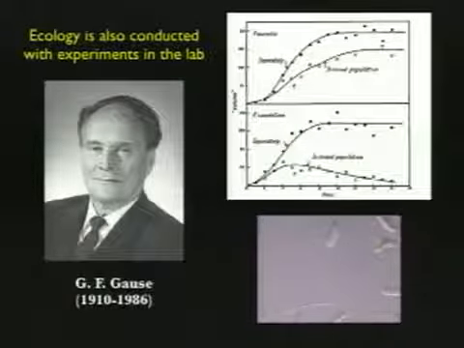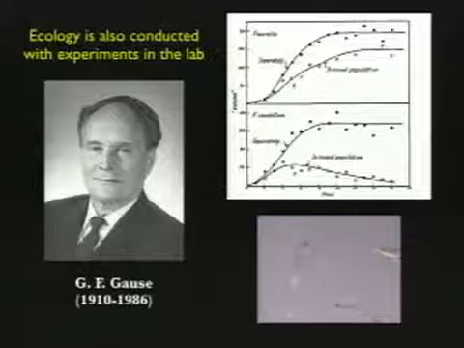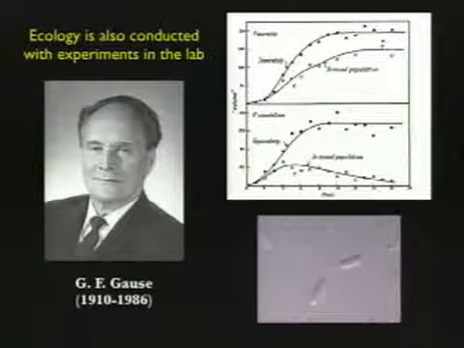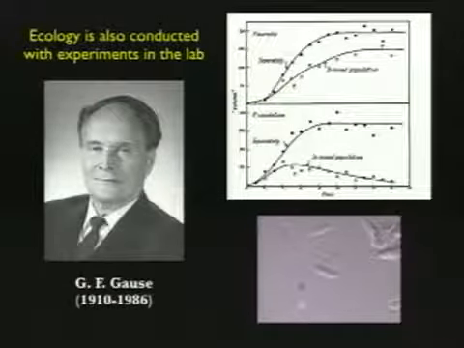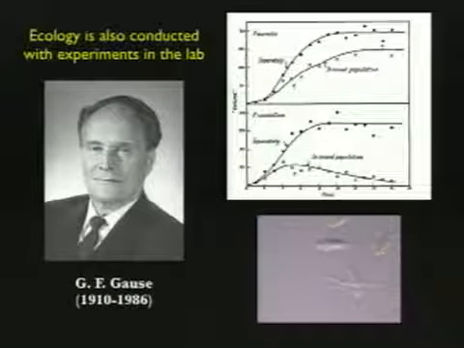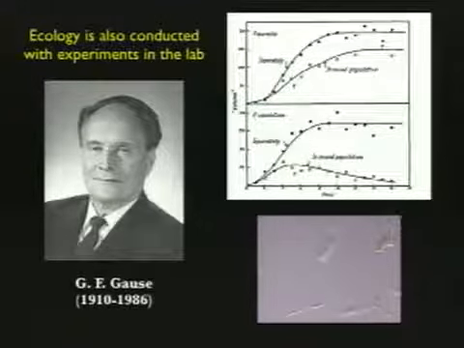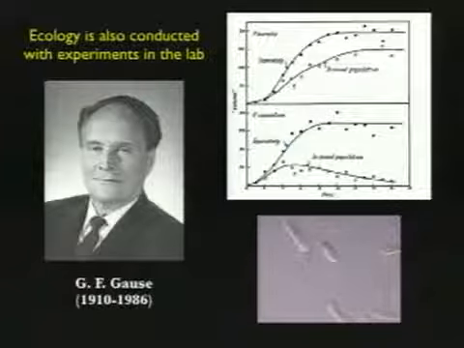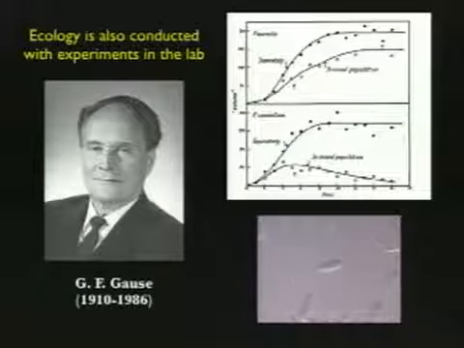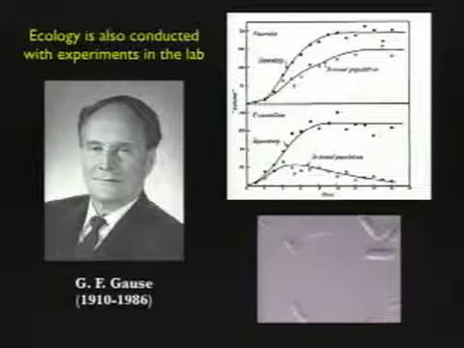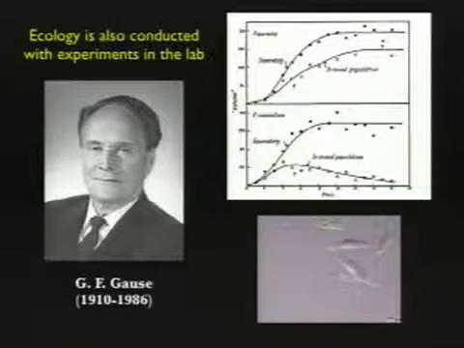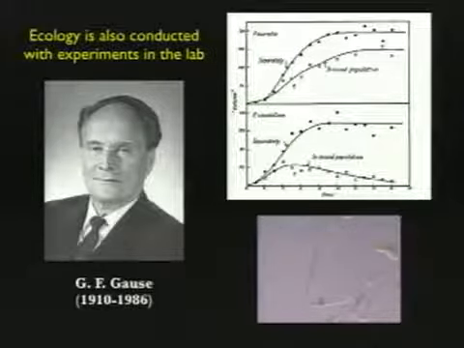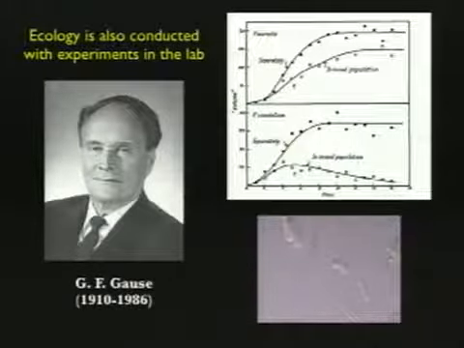We'll get to his ideas on competitive exclusion later. And today, you don't even need to do laboratory experiments or go into the field. You could model systems on the computer, simulation modeling, and make contributions to ecological science. But ecology is at its best when it integrates these approaches. It's best when the models are based on empirical data from the field or from the lab. And these three components, field, lab, and theory, reinforce and support each other.